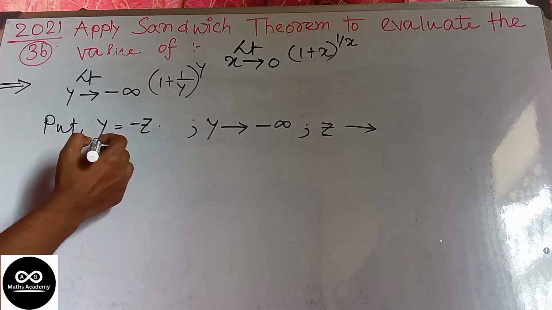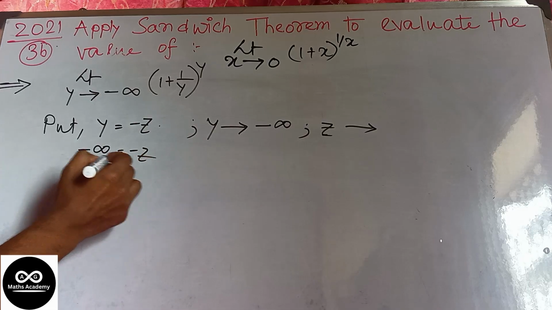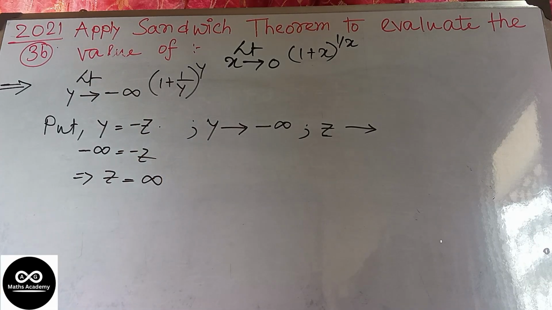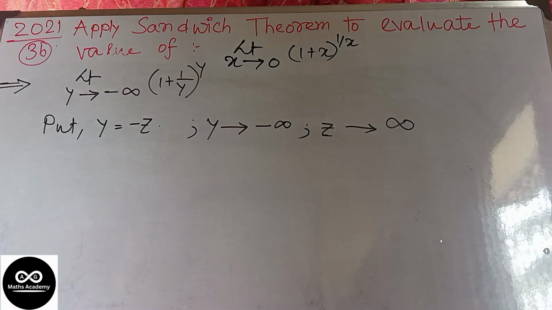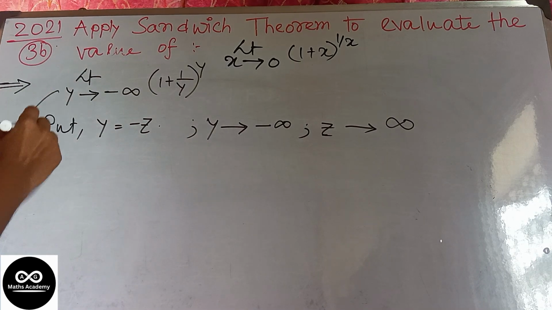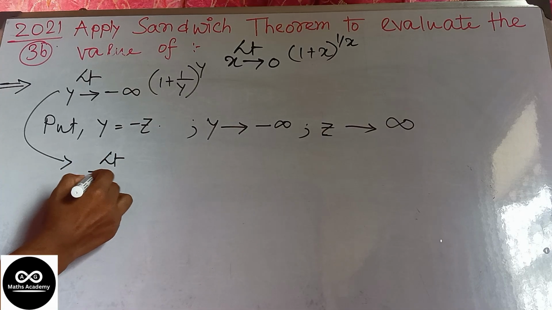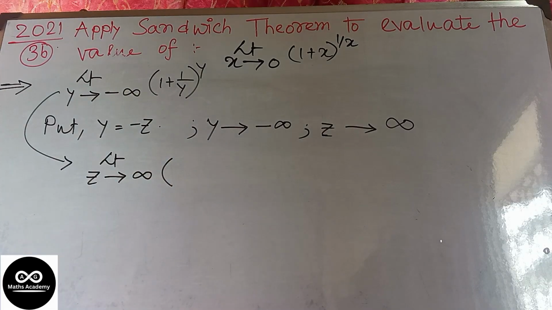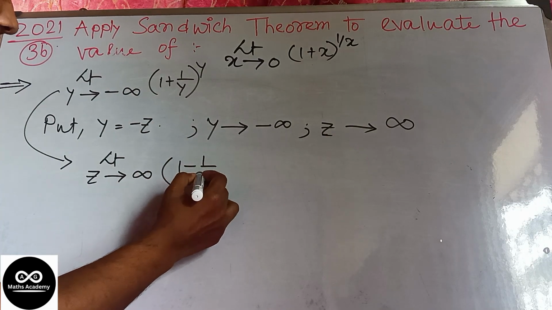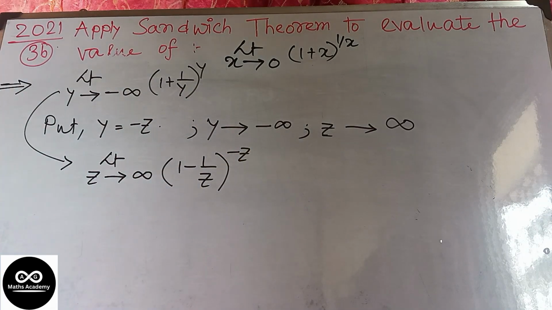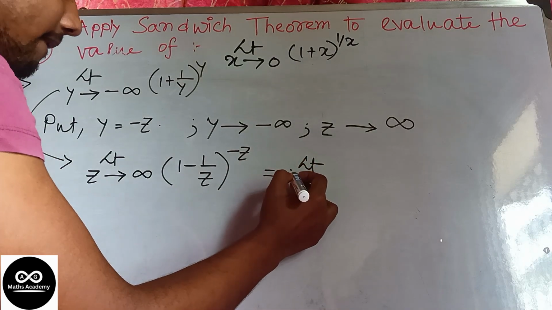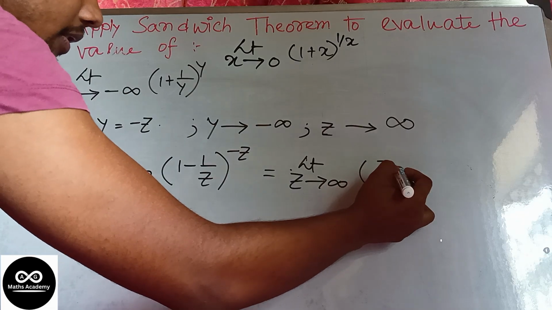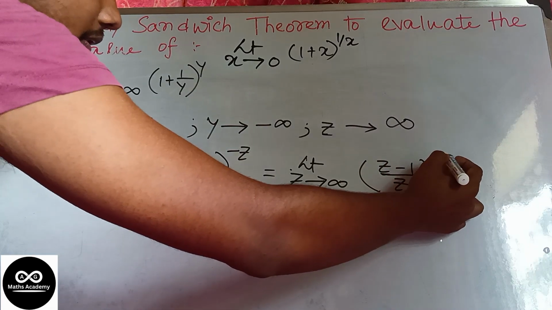So this will be the limit as z tends to infinity of (1 - 1/z)^(-z), which is (z - 1)/z to the power minus z.